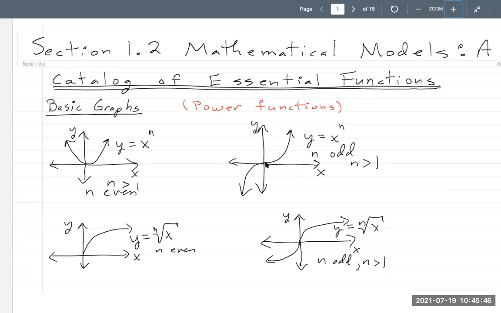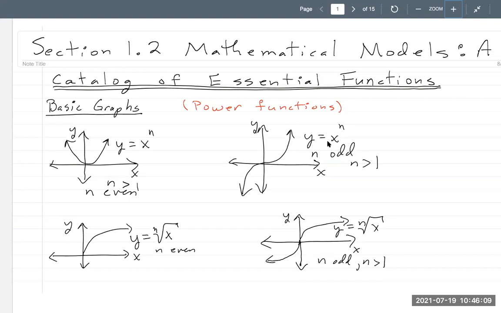Next, let's look at the graph of y equal x to the n, where n here is an odd natural number, not equal to 1. And so some odd natural number greater than 1. Then, well, look at the graph of y equal x cubed. It has this sort of sigmoidal shape.